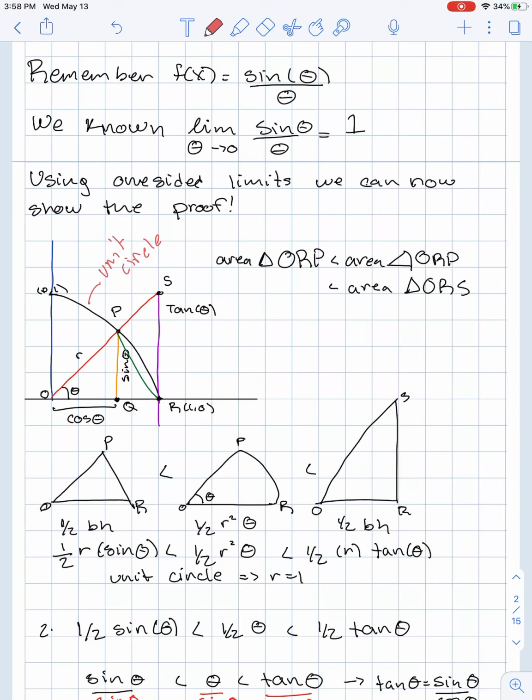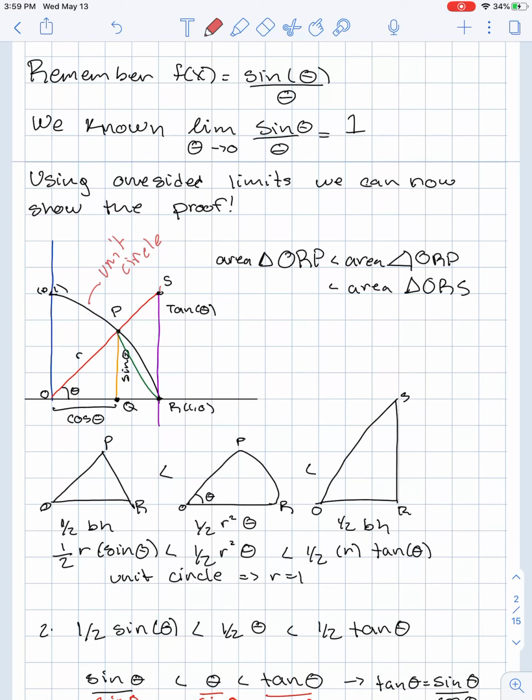So we have a point O at the origin, point P is on the unit circle, point S is on the tangent line, point R is where the unit circle and the tangent line intersect, and Q is where sine and cosine intersect.